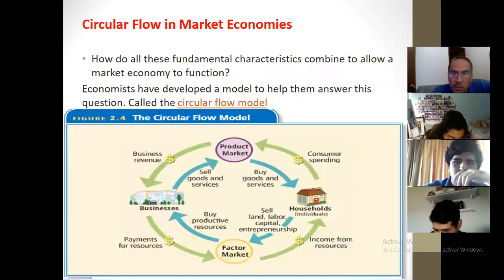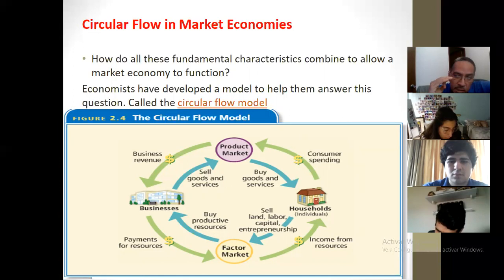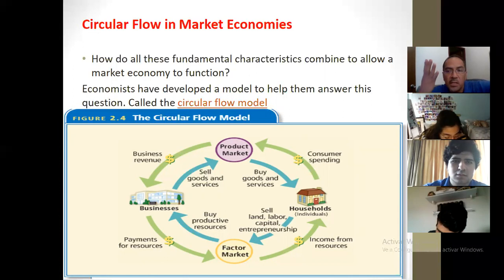Now, during the second part, we are going to talk about the circular flow in a market economy. I am not going to explain it right now because I have a couple of videos that tell you and explain it easily, okay? So I'm not gonna focus on this. The only thing I'm going to focus on is that remember these are models that represent how something works, okay?